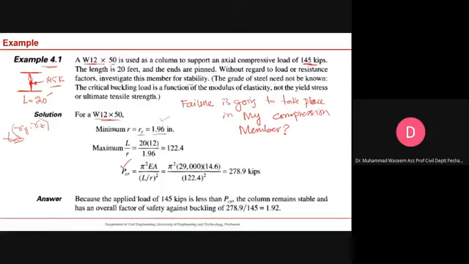And first, you know the formulation of critical load. The formulation of critical load is given by this formula. So there is E, there is A. So you also need to know the A value. This radius of gyration and this cross-sectional area for this member, you have to find from the manual.